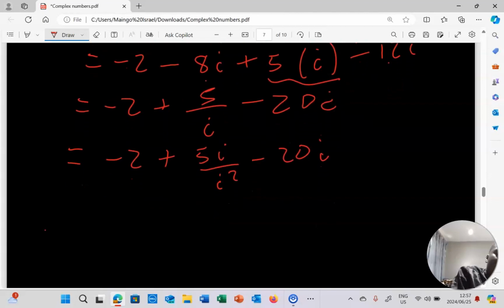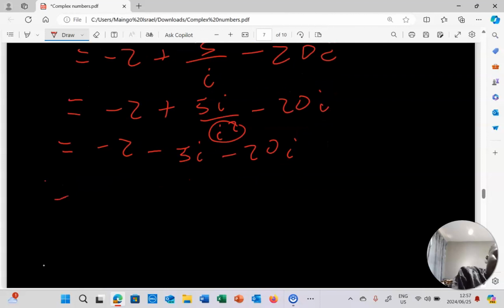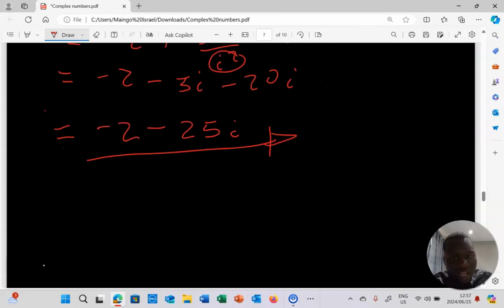So this is just equal to -2. Then this one is just minus, because this is -1, this is -1. So this is minus 5i, then minus 20i. So this is just equal to -2 minus 25i. And therefore it is represented in the form of a plus ib.